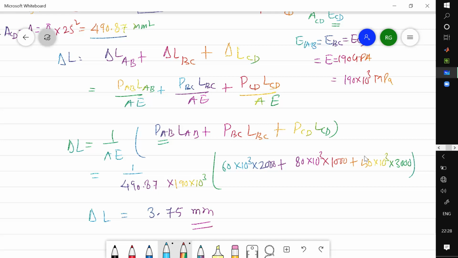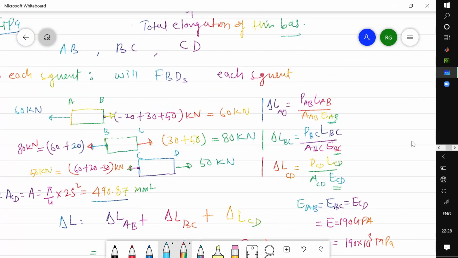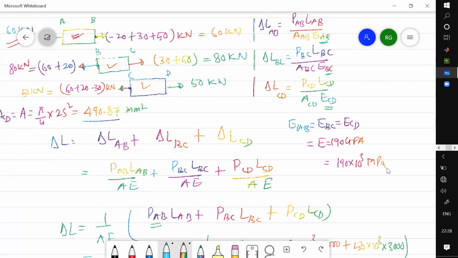So this is the principle of superposition. We can find the effect of all the forces on each segment. Here we find the effect of all the forces on this segment, then on this segment and on this segment individually, and we can superimpose all the effects to find the cumulative effect. So this is how we can approach this type of numerical. So thank you.